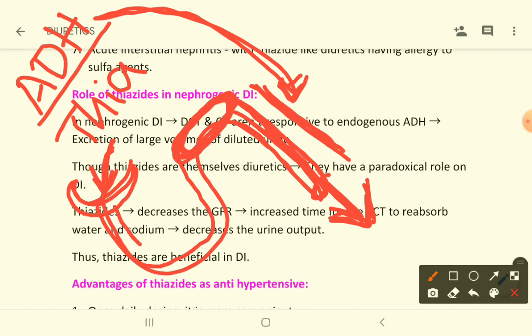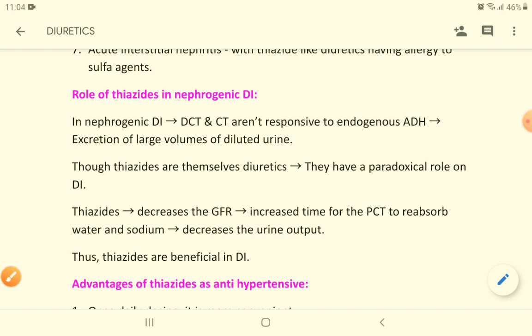So in the proximal convoluted tubule, where most of the water reabsorption occurs, there is now more time to reabsorb water. So more reabsorption of water occurs in the proximal convoluted tubule, and so less water reaches the distal tubule and collecting duct. For that reason, thiazide diuretics are beneficial in these patients.